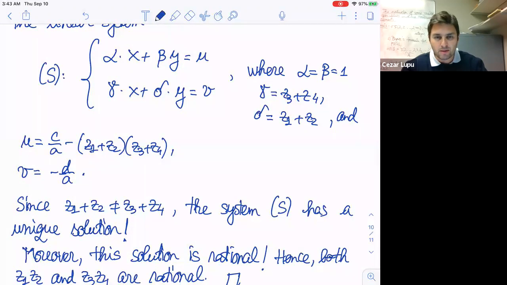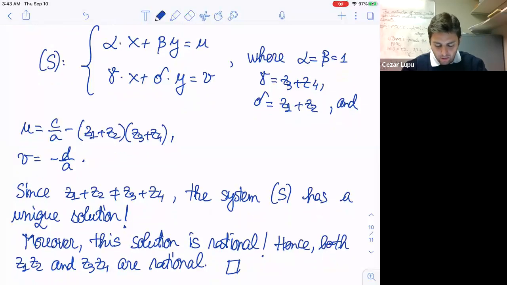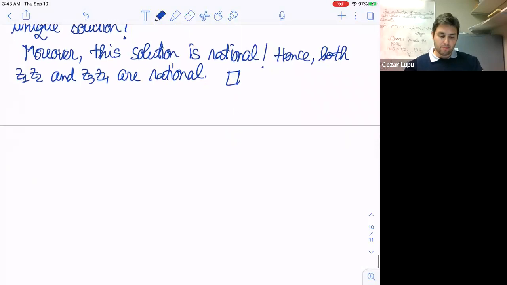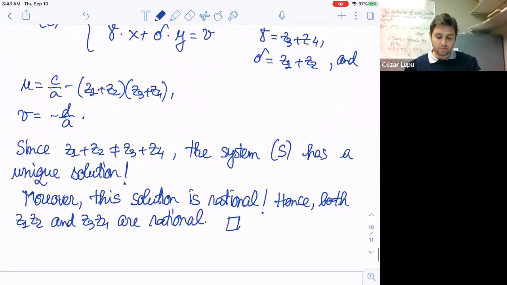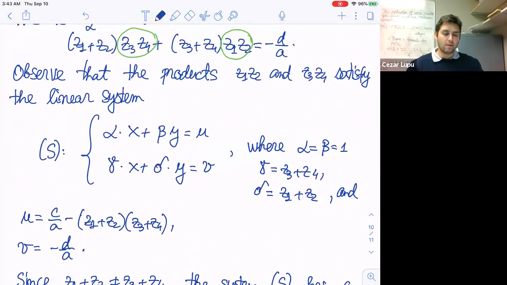It's quite easy to solve this 2x2 system. But what matters is that the unique solution is rational. All right, so this was a problem. I wouldn't say it was easy, but it was pretty straightforward.